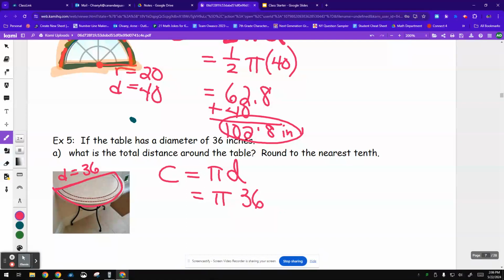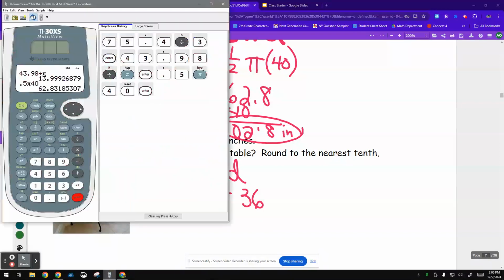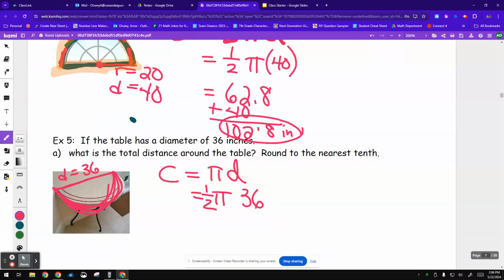Uh-oh, do I need the whole circle? Just do that. What is this? Half. I'm going to stick a half here. Almost forgot again. 1/2 pi times 36 is 56.5. You with me?